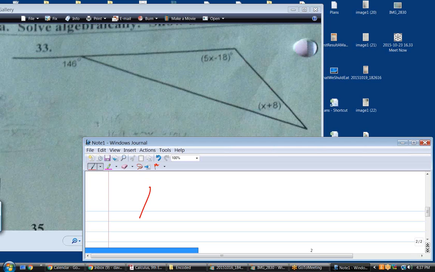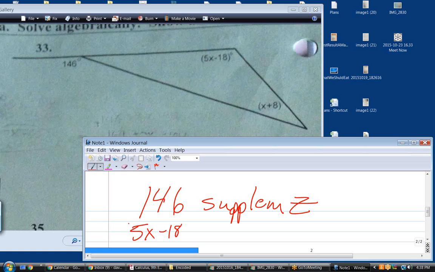Okay. So 146 is supplemental to Z, correct? Because they're a linear pair? Okay. And the sum of those two angles, 5x minus 18 plus x plus 8, is also supplemental to Z. If that's Z, all three of them have to add up to 180.